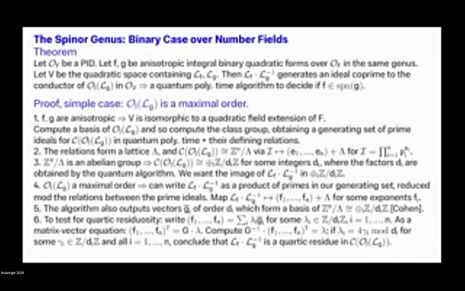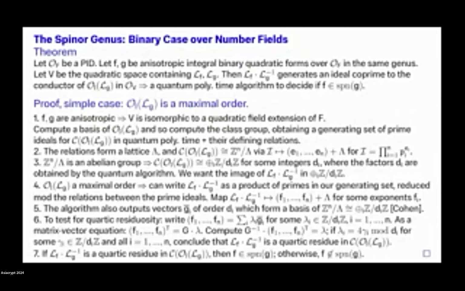If each entry in this vector of coefficients, say λ_i, is equal to 4 times γ_i modulo d_i, for some γ_i in Z mod d_i Z for all i from 1 up to n, we can conclude that L_F times L_G inverse is a quartic residue in the class group of the left order of L_G, because in some sense these coefficients are fourth powers.